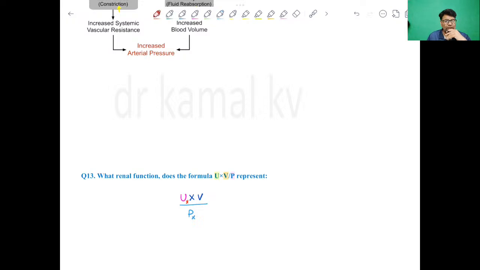So U is related to urine, P is related to plasma, and V is actually the urine flow rate, right? So this is urine, this is plasma, and this relates to the concentration of the substance X, whatever we are discussing. So urine concentration over plasma concentration, and this V is the urine flow rate.